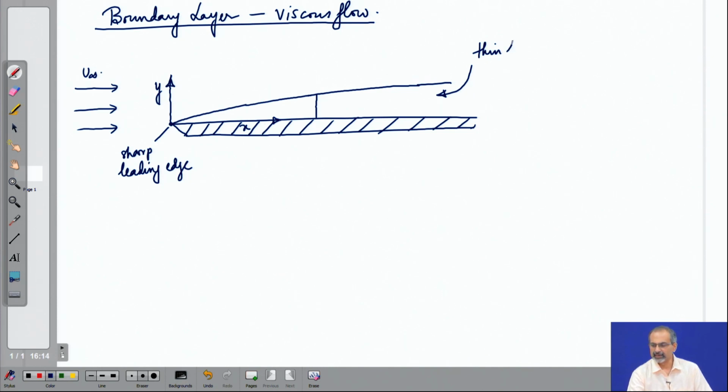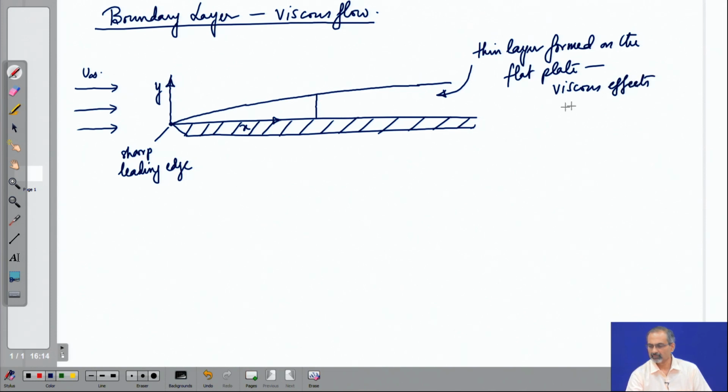So, there is a thin layer formed on the flat plate, where the viscous effects are significant. That means the viscous stresses that we have learnt about all become very active within this layer.